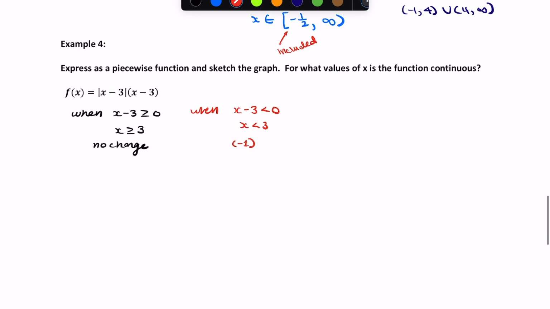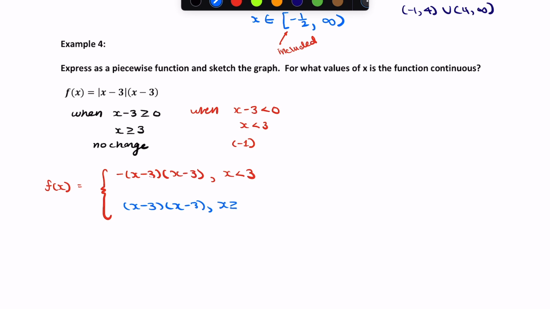Okay, so if we write our function in piecewise notation, a piecewise function, we can see that here, negative (x minus 3), that's when x is less than 3. And we also have x minus 3, when x is greater than or equal to 3.